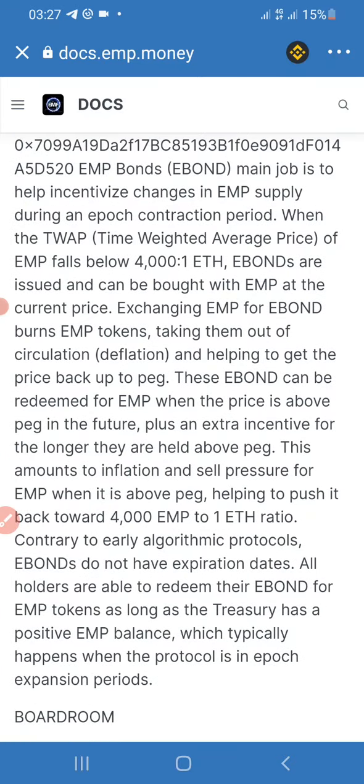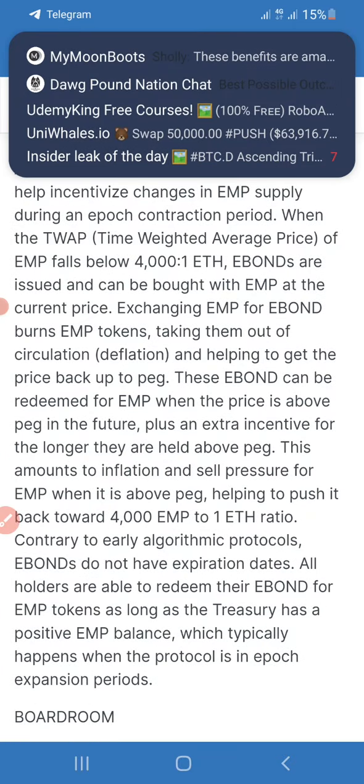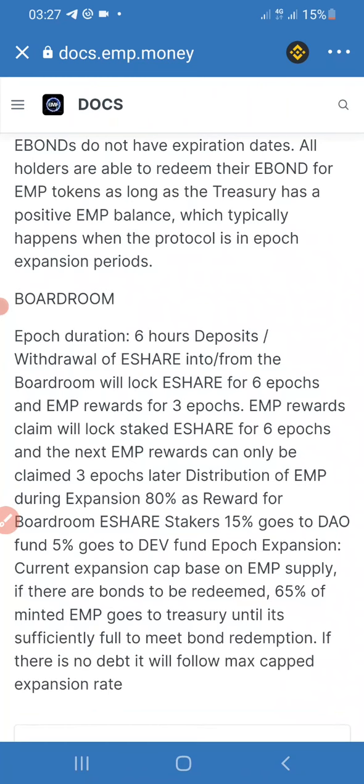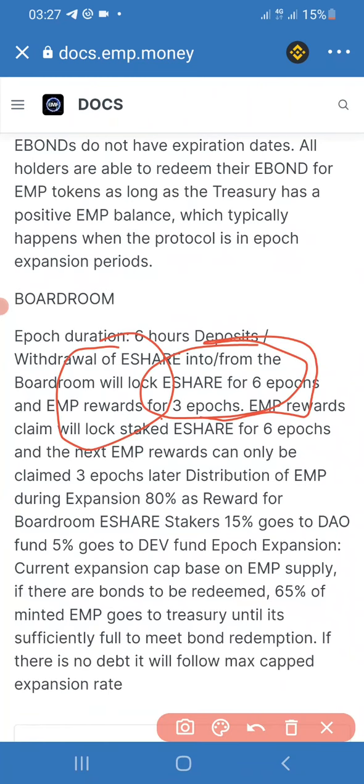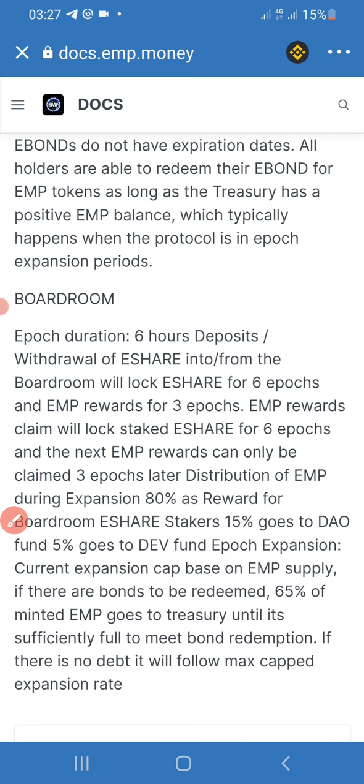So, now understanding that, there's so much to it. Now there's another thing you need to understand, what they call epoch. Now this is what they call epoch. This is spelling EPOCH. Now epoch is like, for example, you enter the platform.